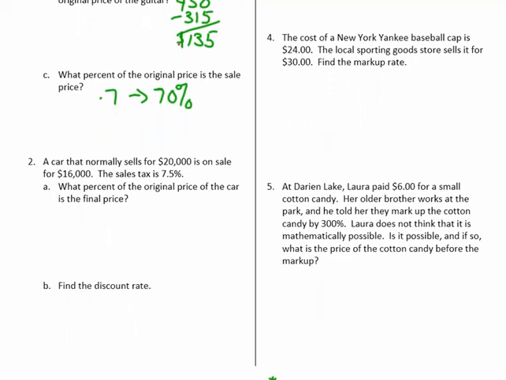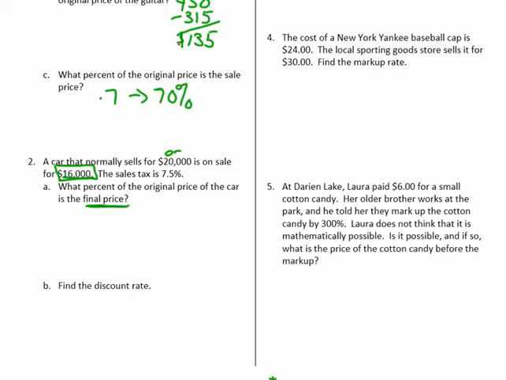All right, now this next one, a little bit more complicated. It says a car that normally sells for $20,000, so here's your original, is on sale, selling price. The sales tax is 7.5%. So what percent of the original is the final price? I have to first go through and calculate the sales tax. But the sales tax is going to be calculated on the $16,000.